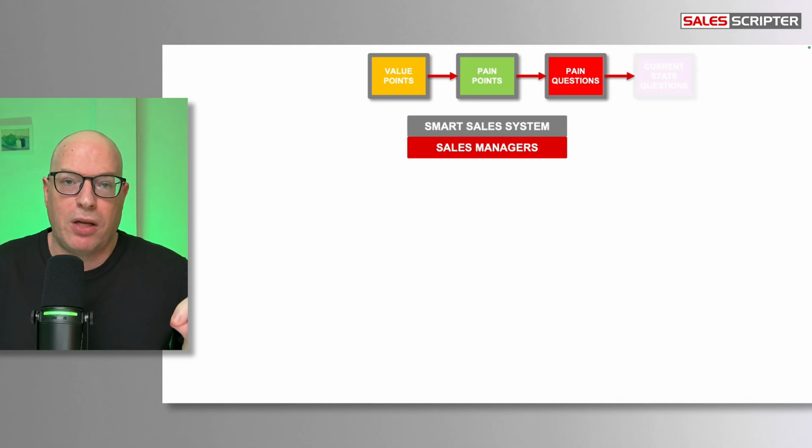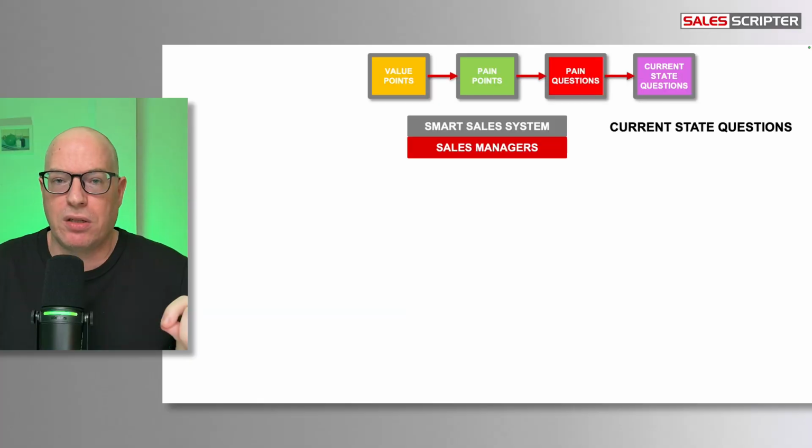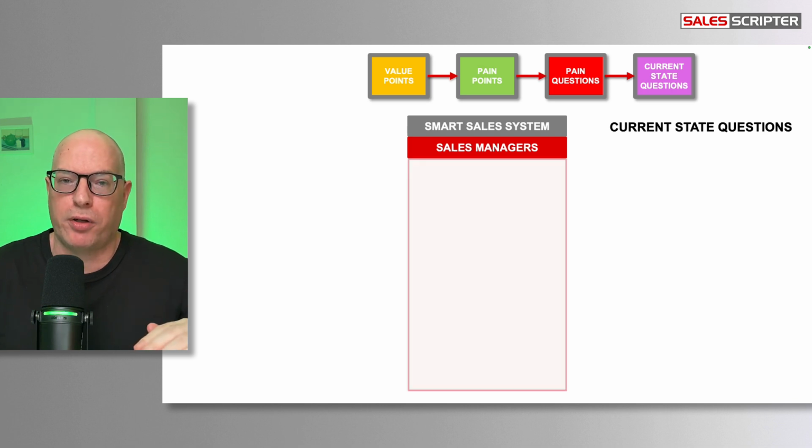One step that I recommend you take is to create a second set of questions, which I refer to as current state questions. These are questions that basically help you to learn what the prospect is doing in the area where your product or service fits.